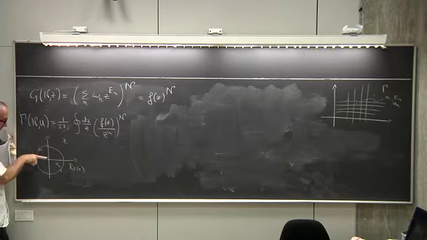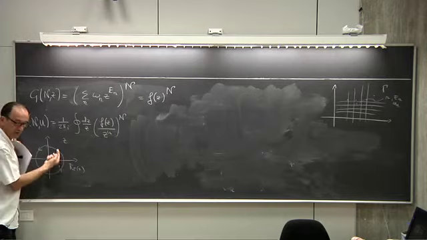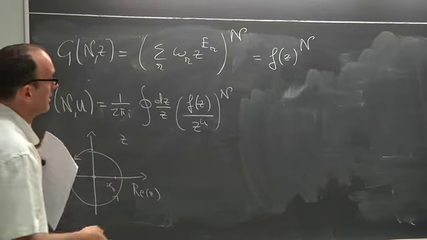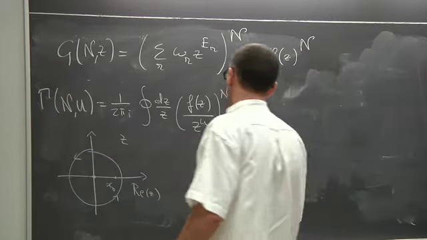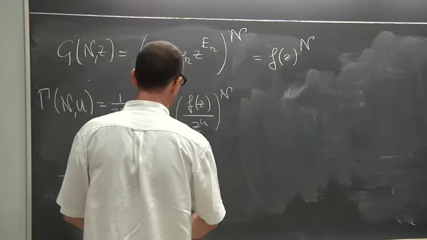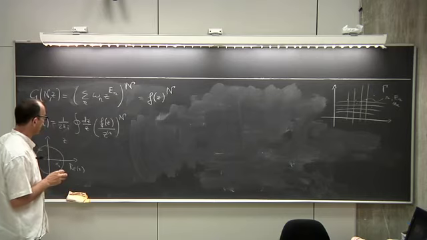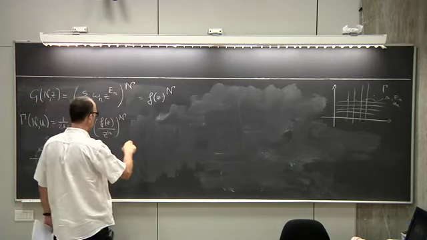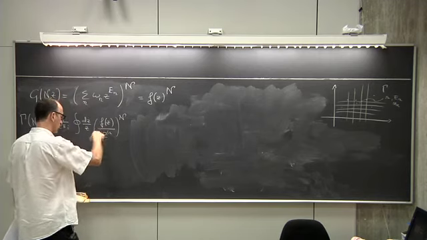Okay, so it is a minimum along the real axis, but if you go parallel to the imaginary axis, it will be a maximum. And the idea is that it is easier to see this if, instead of considering this function, you consider the log of this function.